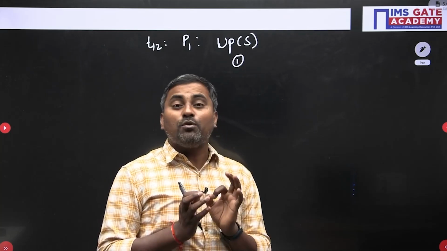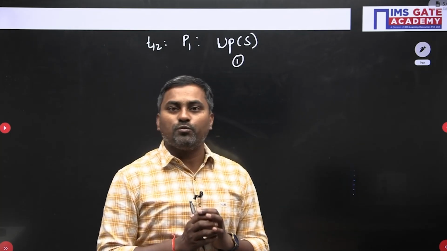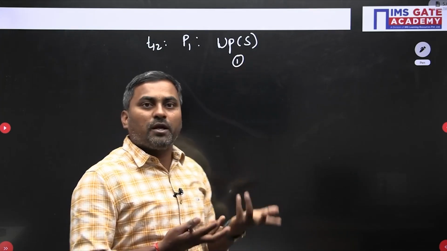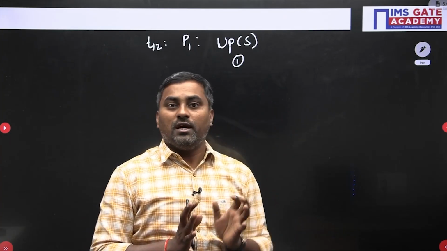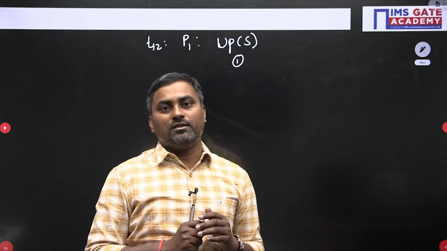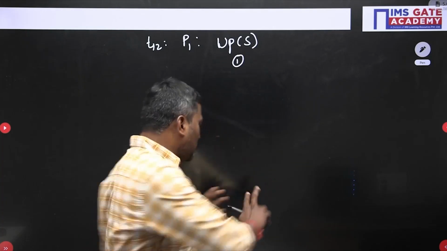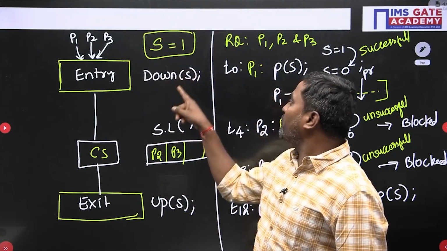Is it a desirable operation to increment the semaphore value at this moment? Pause the video and think. If I increment now, S becomes 1, so if any new process tries to enter the critical section, will it succeed or not? As per this model, if S equals 1, any new process can try to perform the down operation.